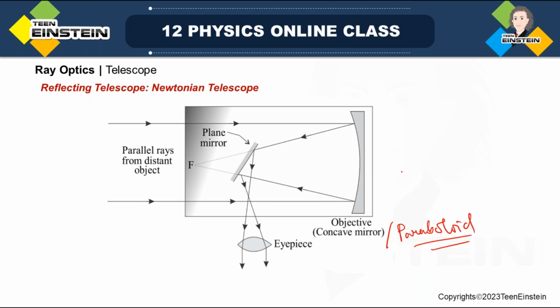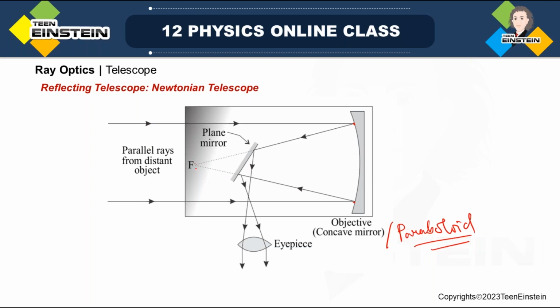It has a large aperture, and when the beam of light is reflected from these particular points, since it is a converging concave mirror, the rays will meet at the focus, because I have taken parallel rays from a distant object.